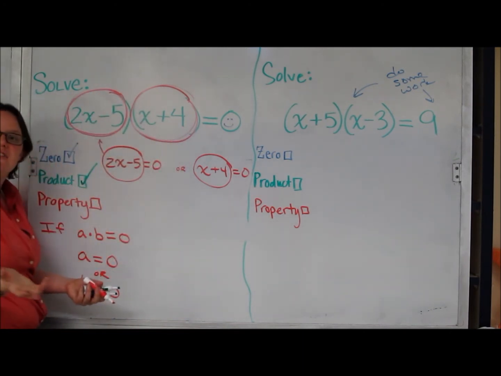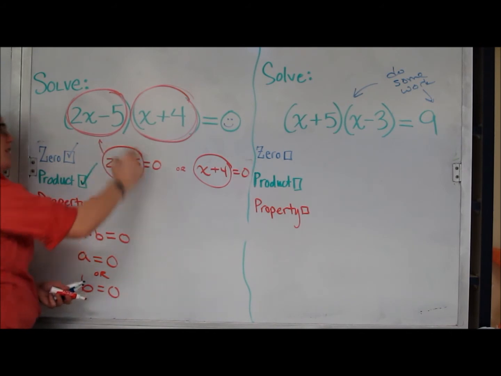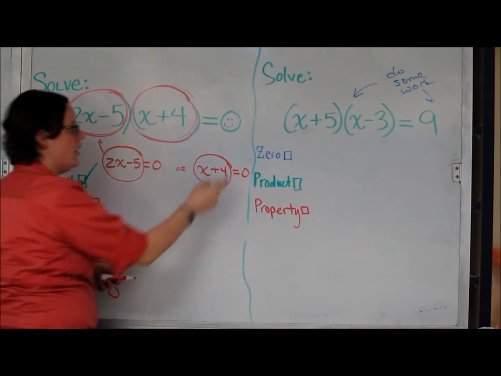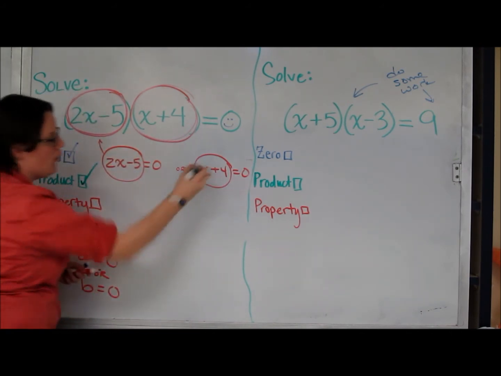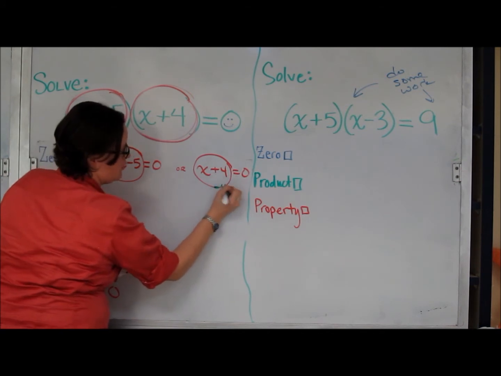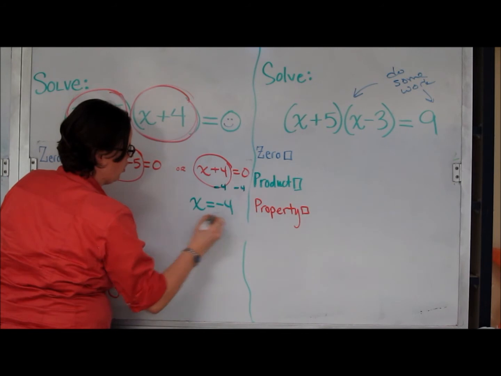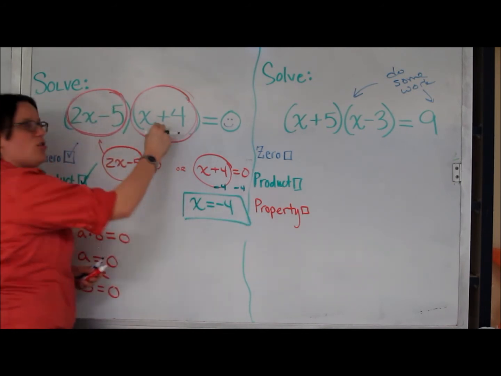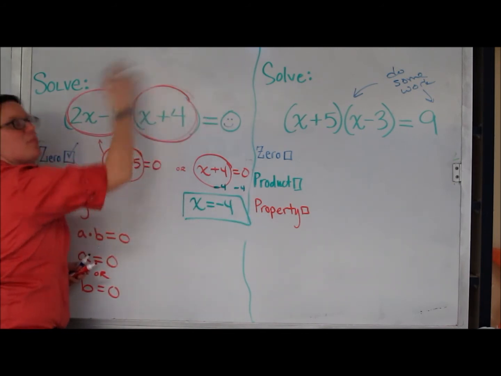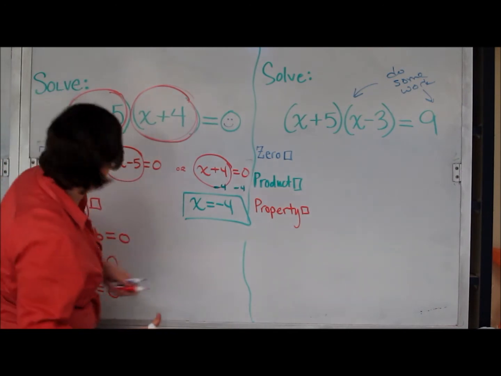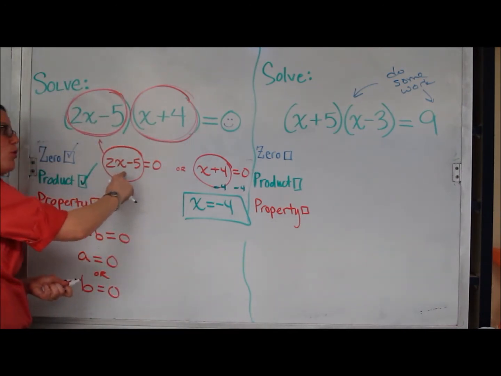So I just need to find the values of x that would make this whole factor 0, or this whole factor 0. Over here, that's easy. I subtract by 4, and I find that when x equals negative 4, this whole factor becomes 0, and the multiplication problem works. This one takes just slightly more work.